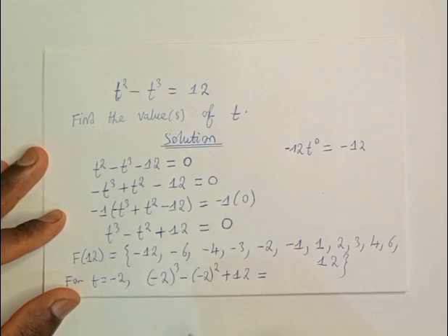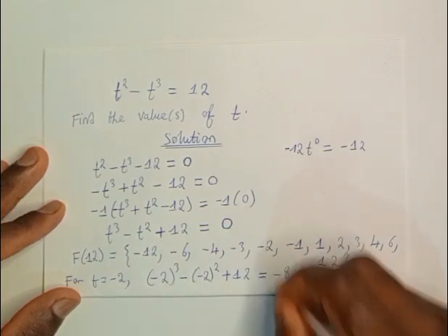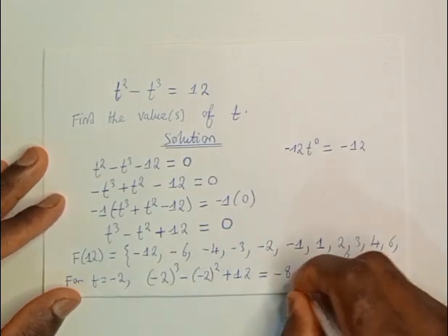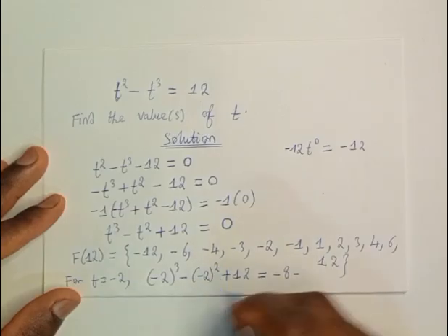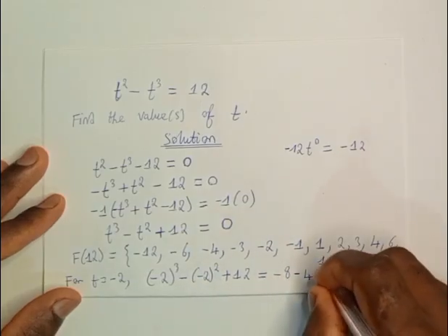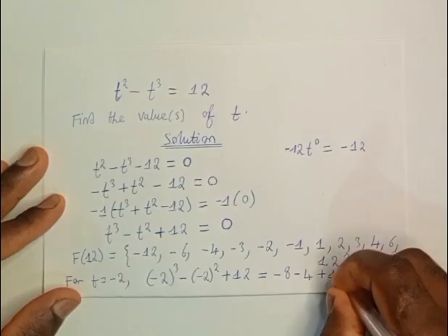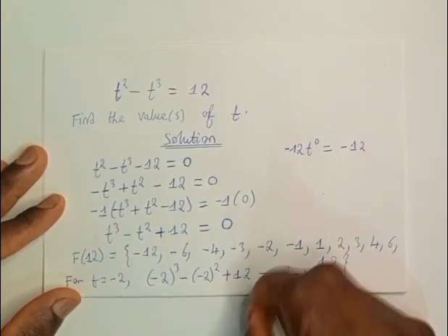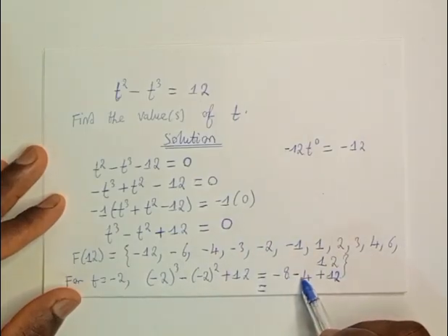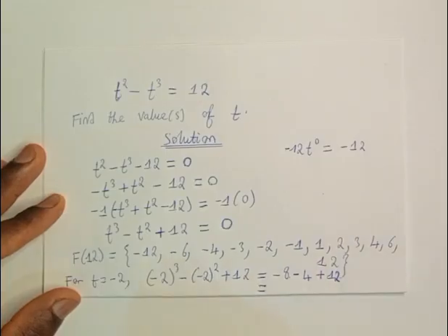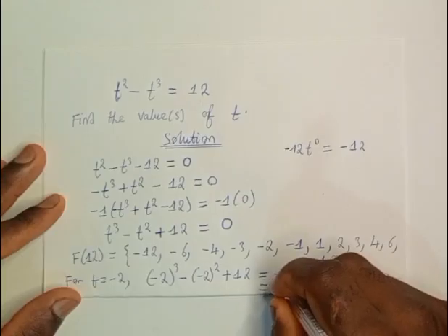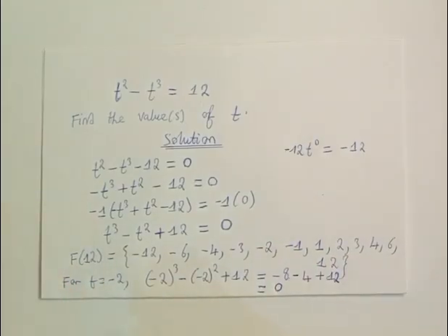Negative 2 times negative 2 times negative 2 gives us negative 8 minus negative 2 squared gives us 4 plus 12. This will simply be equal to negative 8 minus 4 gives us negative 12. Negative 12 plus 12 gives us 0. That means t equals negative 2 is a solution of this polynomial.